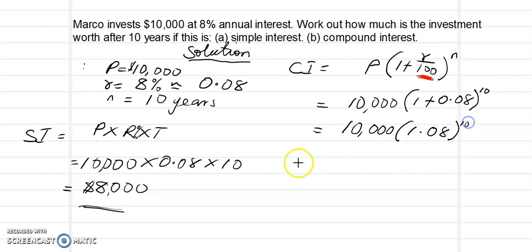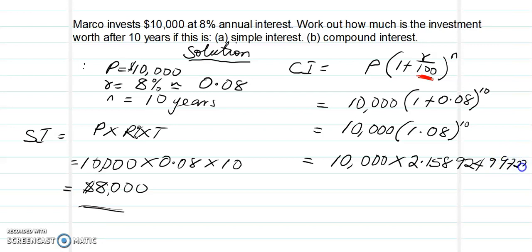to power 10. So if we solve this first, 1.08 to power 10, that gives us 2.15892499727.